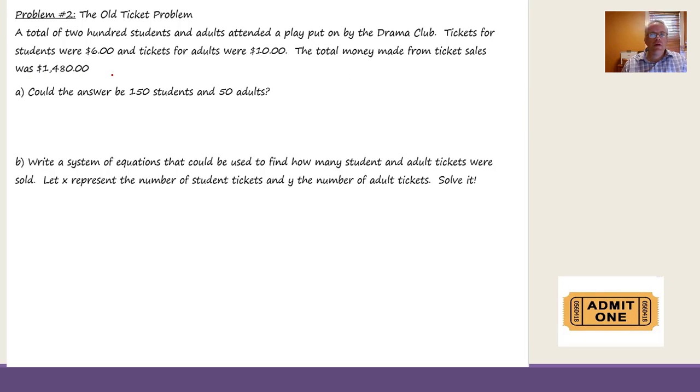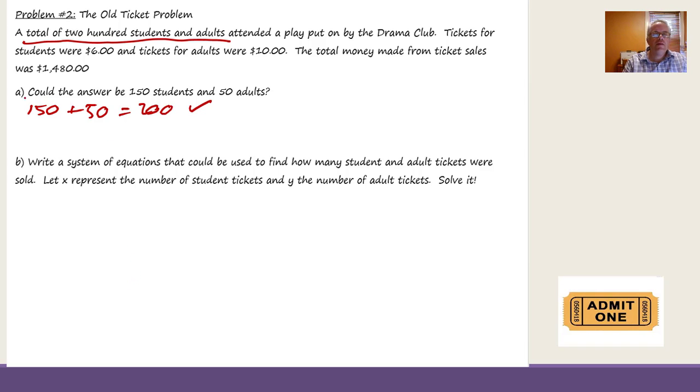So here we go. We're going to start with a guess. Could the answer be 150 students and 50 adults? Well, the first fact is that a total of 200 students and adults attended the play. So the first thing we need to be true is that when we add up these numbers, we get 200. Okay, that's an important fact, and it turns out to be true in this case.